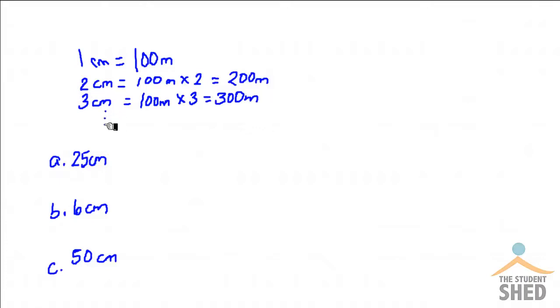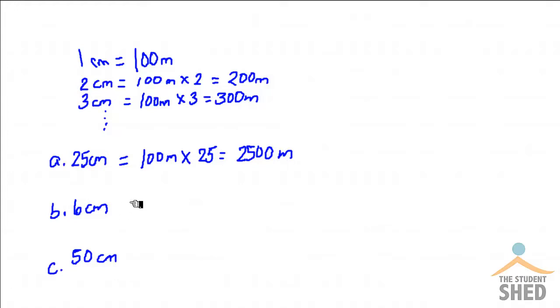And so forth and so forth until we get to 25 centimeters. So 25 centimeters would be equal to 100 meters times 25, which gives us 2,500 meters. So 25 centimeters on the map is actually equal to 2,500 meters on the ground.